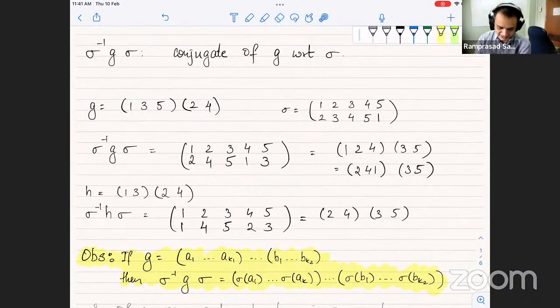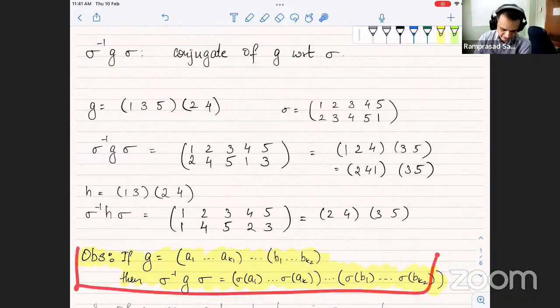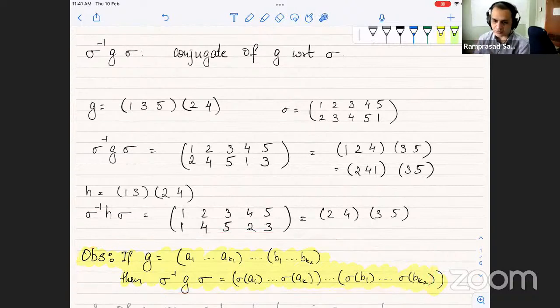So the point is, what this observation is basically saying is it's telling you precisely what the conjugate is going to look like. Notice that this is 1, 2, 4, and 3, 5. Now just imagine sigma as being some sort of a relabeling operation.